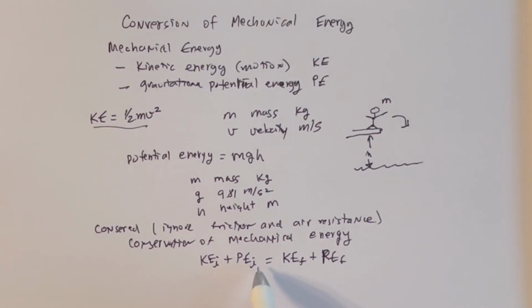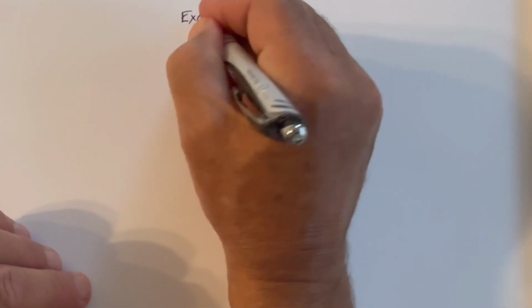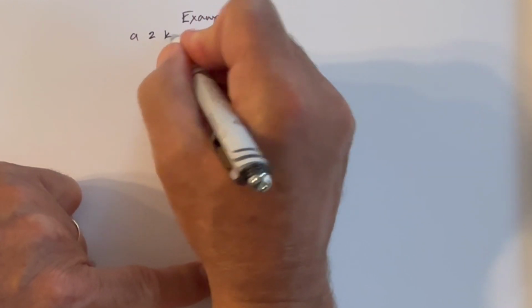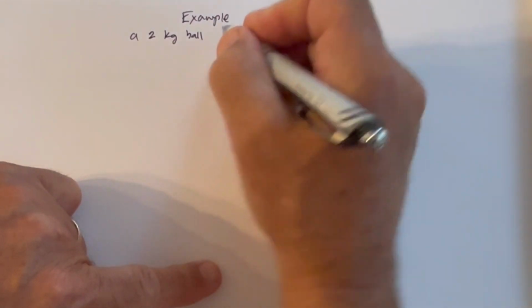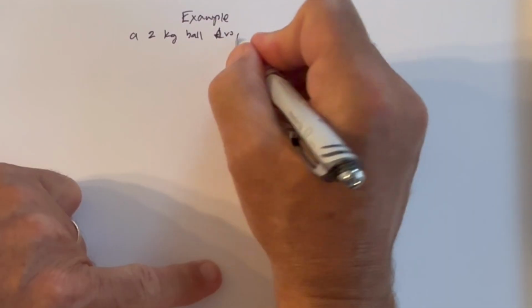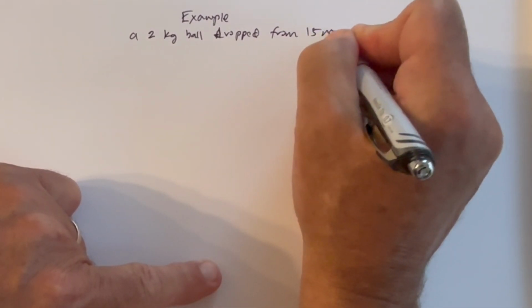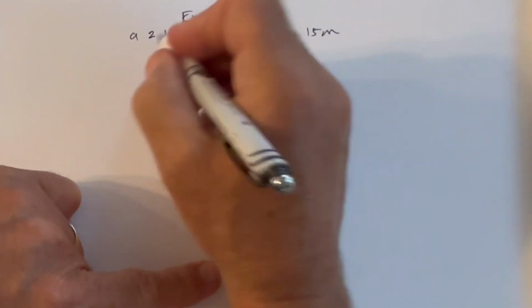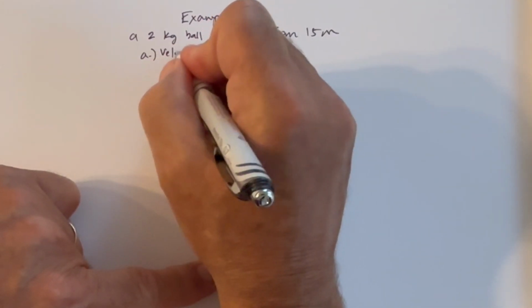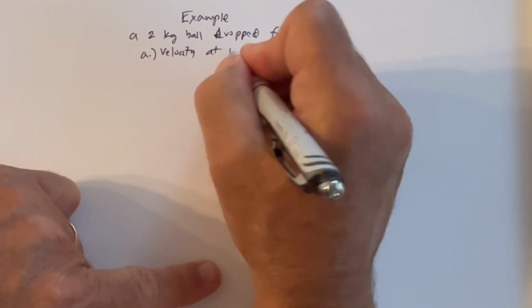Now I'm going to do an example. Let's look at an example. We're going to do just kind of a regular straightforward example. We've got a 2 kilogram ball, and it's dropped from 15 meters up. Okay. First thing we want to know is the velocity at impact.